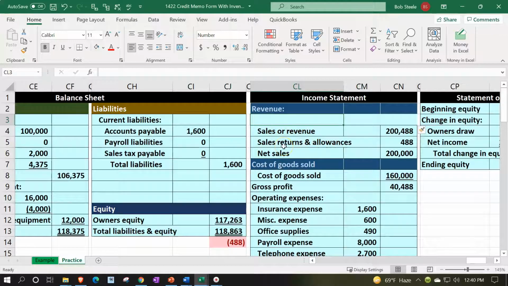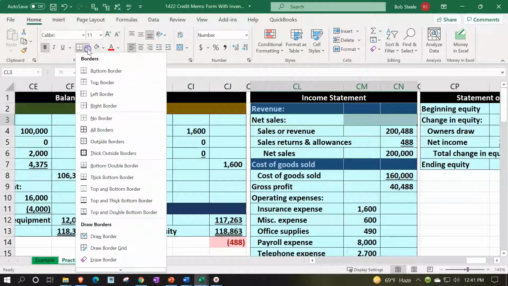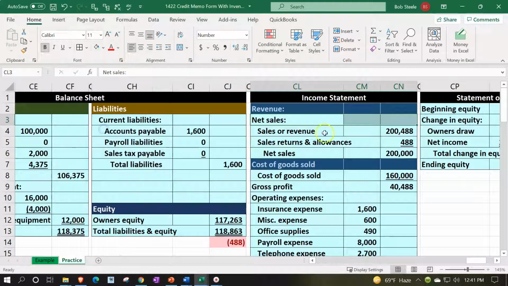And I'm going to call this one net sales. We're going to calculate, bringing that to the left-hand side, and then formatting this one over, underlining here, put in some brackets around it. I know I'm doing this quick, but just to give you an idea how you could format this. And so there we have it.